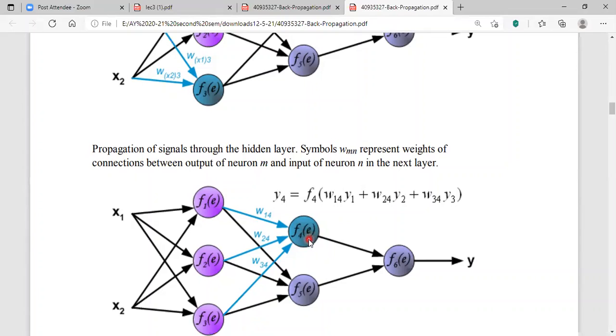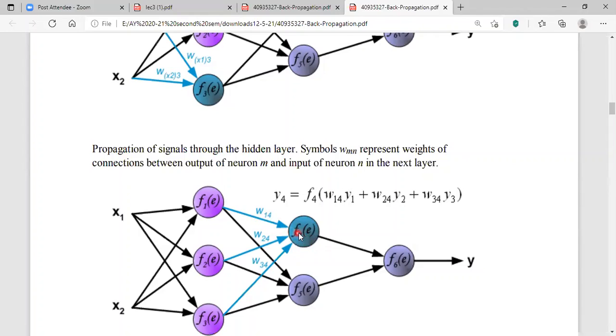So here Y4 is equal to F4 of W14 into Y1, where Y1 is the first neuron output. The output of the first neuron becomes input for your fourth neuron in the hidden layer, which is the first one.